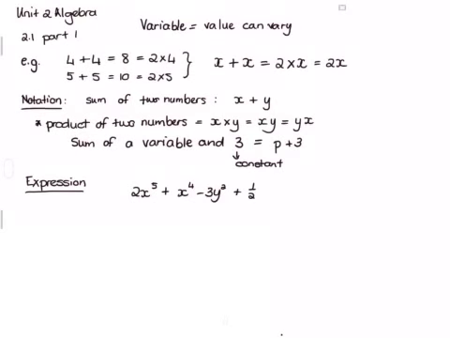Right, so there's an expression. First of all, this expression consists of terms. Plus and minus separate terms. And these things are important for when you start doing operations with algebra. So this is a term.